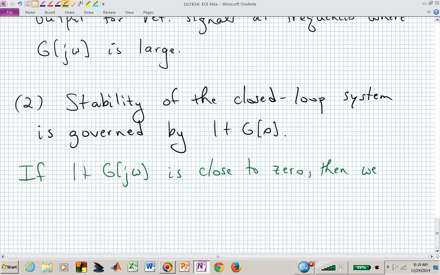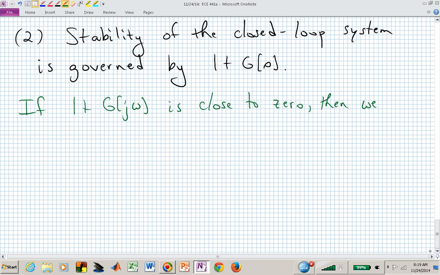Now we're looking along the imaginary axis, and if we're marching up the imaginary axis and we find that 1 plus G of j omega is close to 0, then we know we are near instability. So I need to put the I in. We're near instability if 1 plus G of j omega is close to 0.